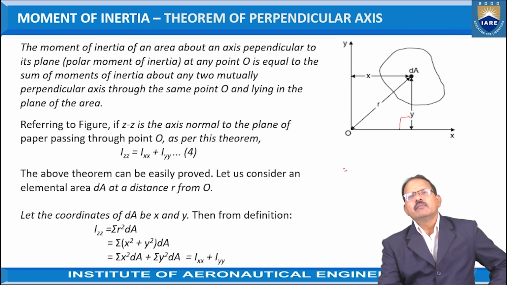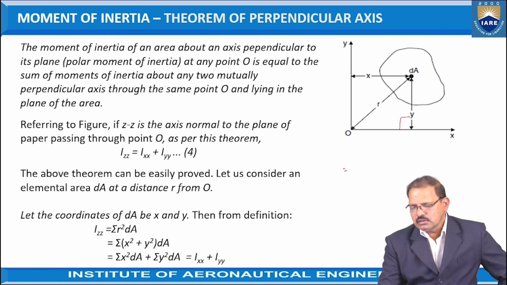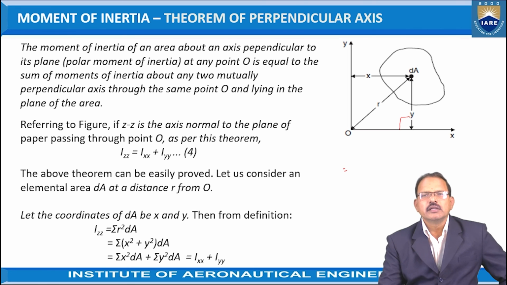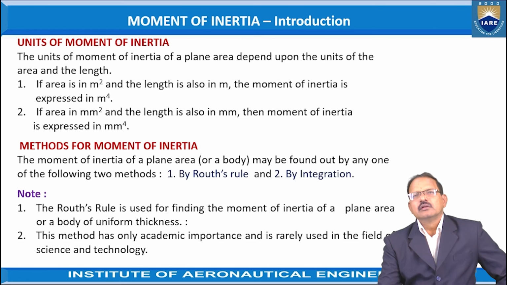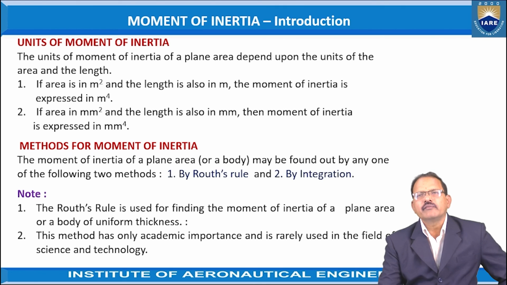Hence, the moment of inertia plays a key role, just like mass, which is important when the body is in linear motion. Similarly, the moment of inertia plays an important role when the body is in rotational motion. Since the moment of inertia is the product of area multiplied by the square of the distance, its units depend on the units of the area as well as the distance measured from the reference axis to the center of the plane figure.